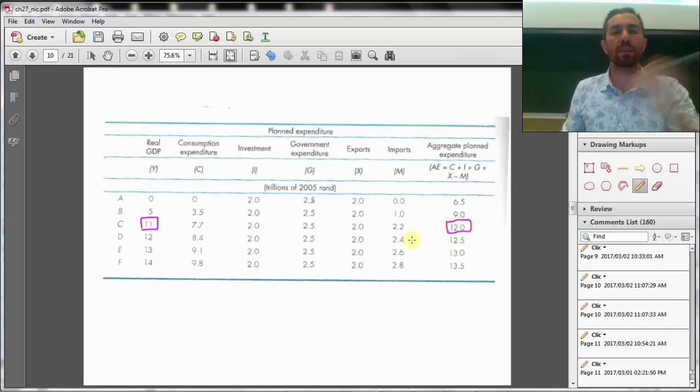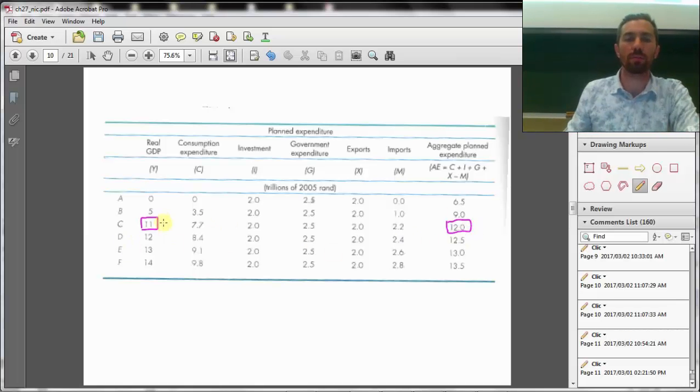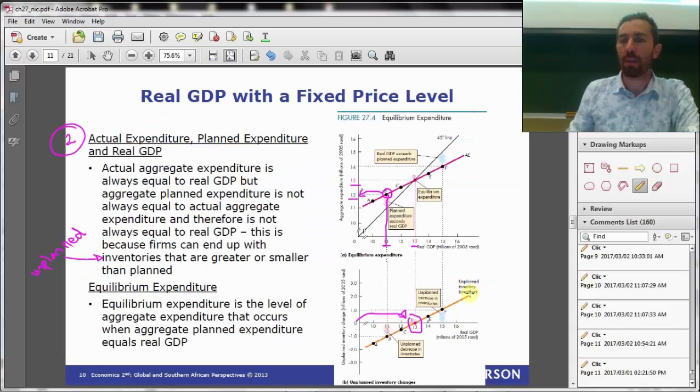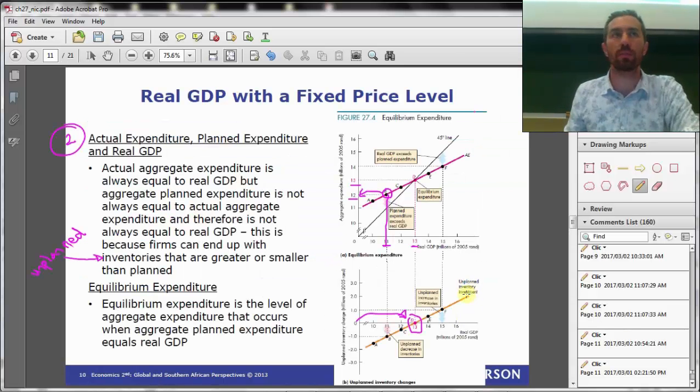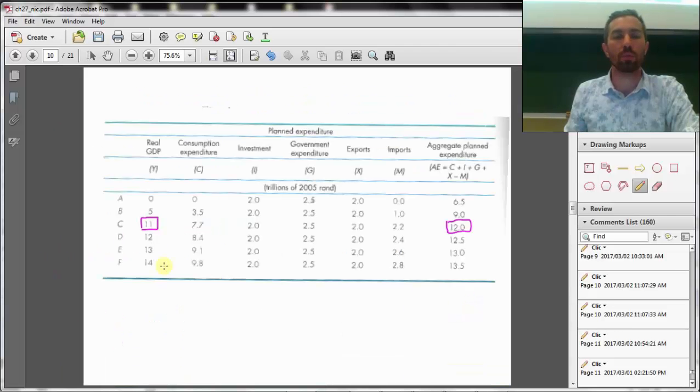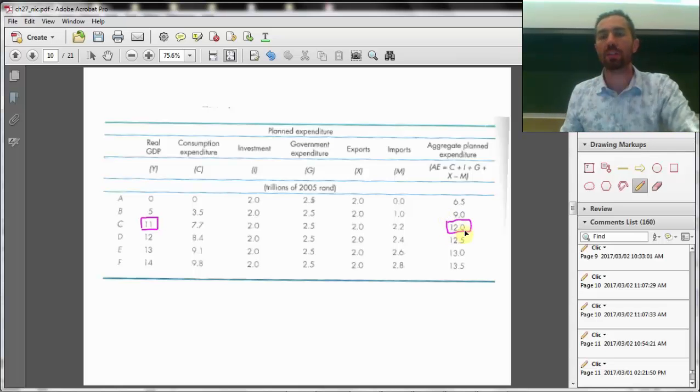And the reason that this happens in this model is an unplanned change in inventories. Okay? So what happened was we produced 11, firms wanted to invest a value of 2, households wanted to consume a value of 7.7, governments spent 2.5, exports were 2, and imports were 2.2. Therefore, our total spending was 12. How did we manage to spend 12 when we only produced 11?